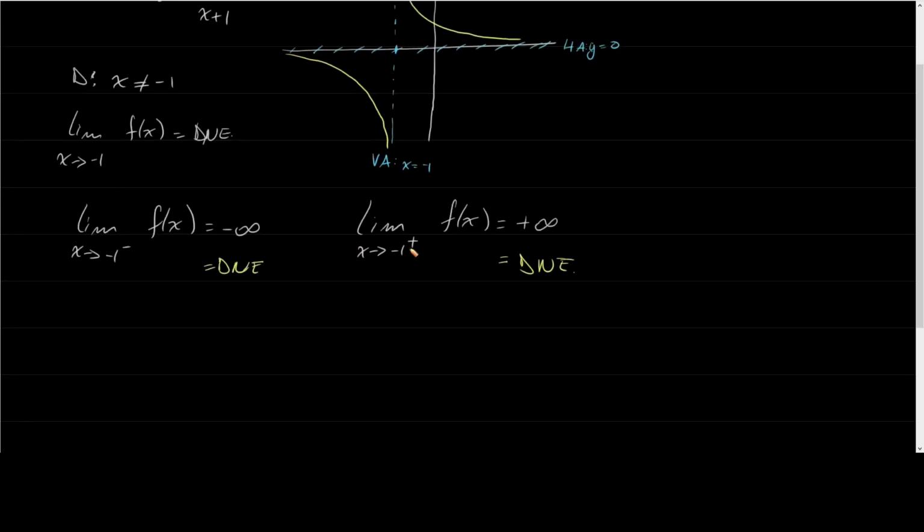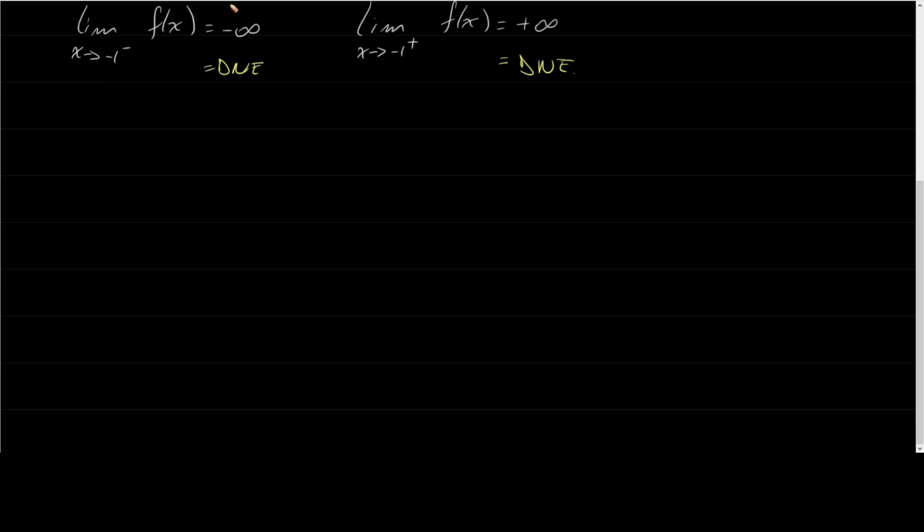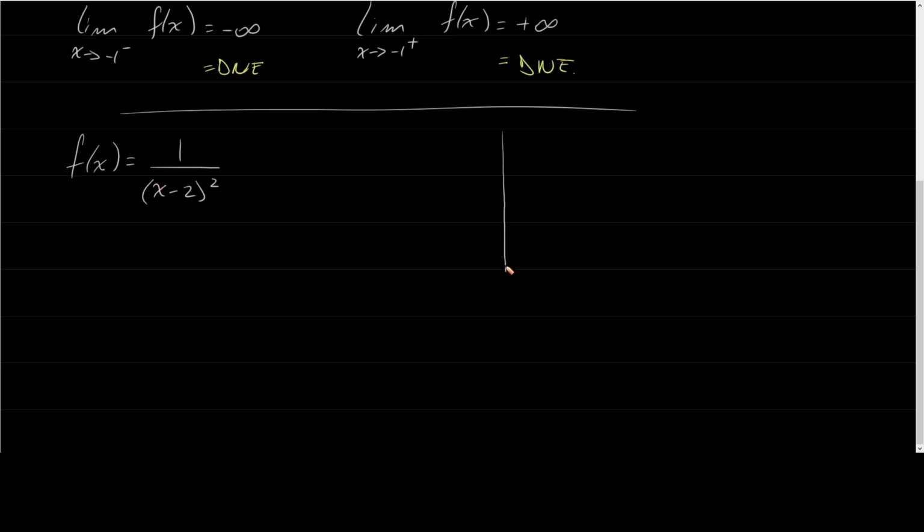Similarly, let's look at another function. Let's say that I had f of x is equal to 1 over x minus 2 quantity squared. Now this function looks as follows. It's got a horizontal asymptote of y equals 0, and it's got a vertical asymptote, not there, it's over here at 2.